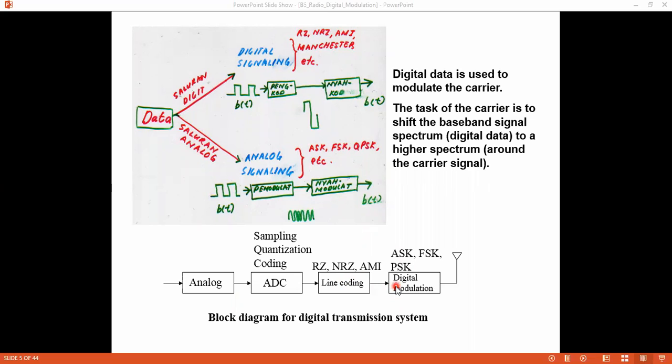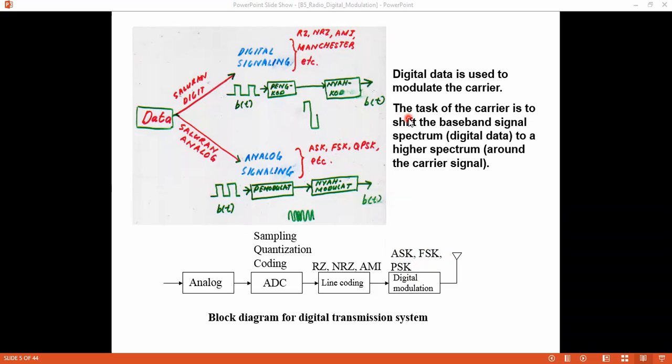But if we want to transmit over free space, for example, or even wired, where we are supposed to follow the wired medium frequency, then we have to modulate the carrier. So here with digital modulation, we have ASK, FSK, and PSK.